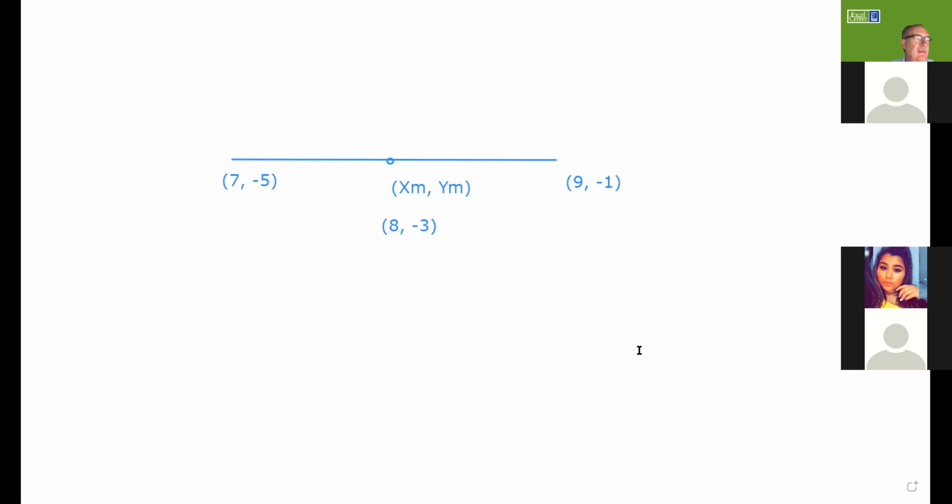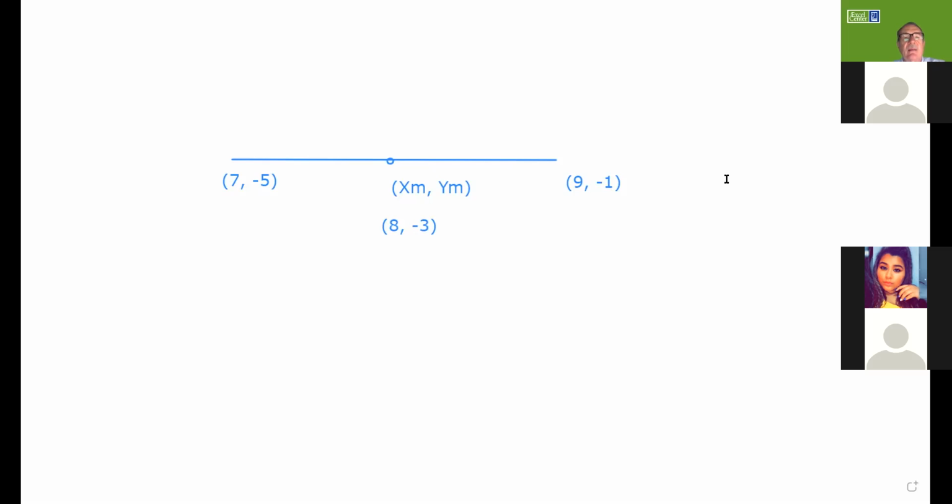Part of the reason to draw these out like this is because there's another variation of using this midpoint formula that involves finding a missing endpoint, where they're going to give you the midpoint and you have to find the missing endpoint. Finding the midpoint itself is pretty easy. You just use the formula.